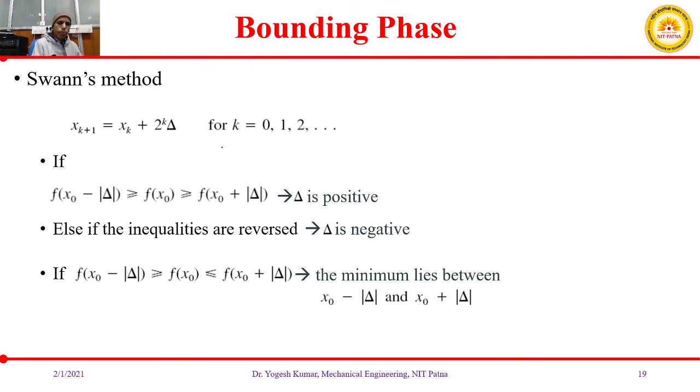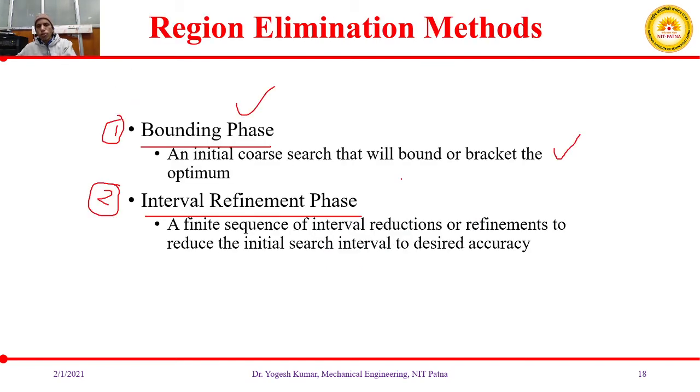In bounding we have one method that is called the Swan method. In the Swan method, we take some start value, say x0, and we calculate the next value based on some step size. So we take some step size delta for varying the value of your x.